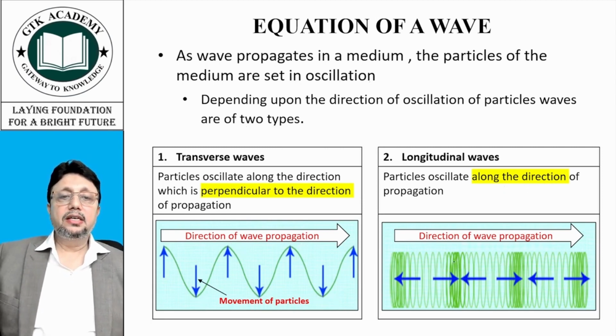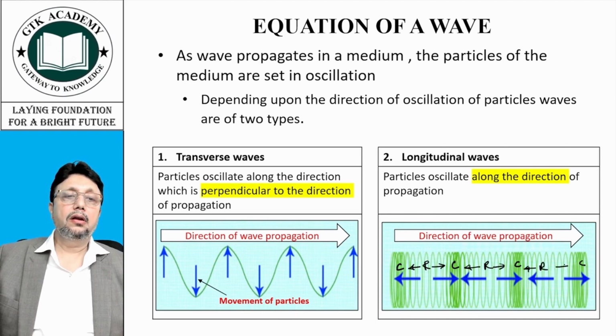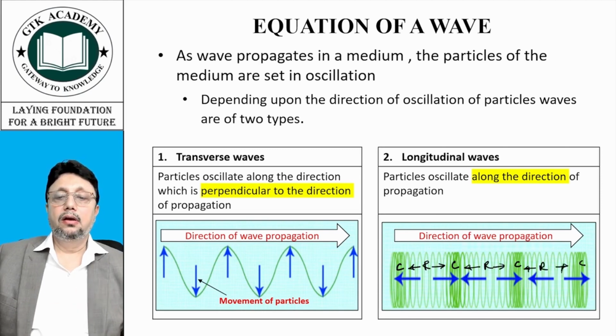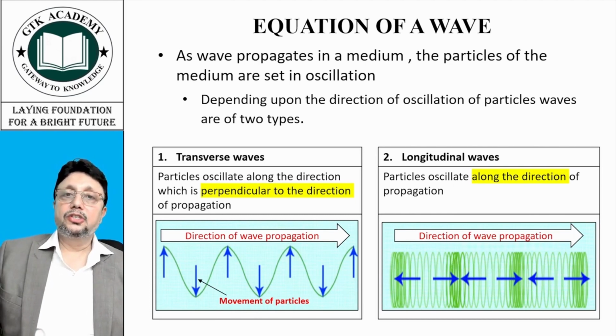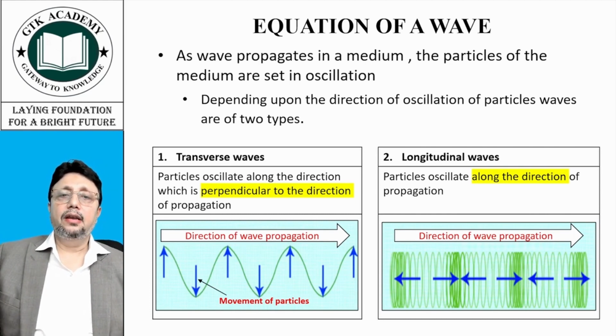See, these are compression, where you can see the matter is compressed, and these are rarefactions. Till you can see here, these are all rarefactions. Hope it's clear. Again, let's see some animations. It will be more clear.